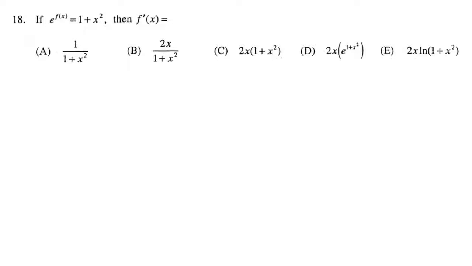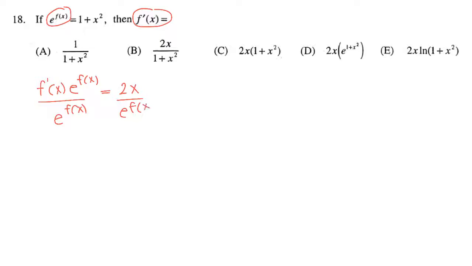Alright, this problem looks strange and they want us to find the derivative here. If we take the derivative of e to the stuff, again we would say that's stuff prime, so f prime at x times e to the stuff, and then that's equal to 2x. We're solving for f prime at x, so let's divide both sides by e to the f at x.